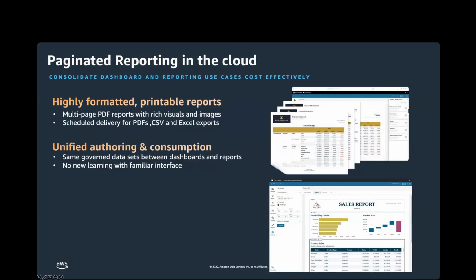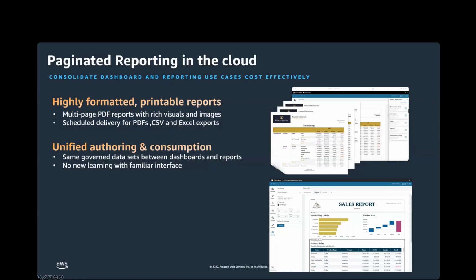Paginated reports in the cloud enables you to deliver highly formatted reports to your users' inboxes. Reports can be scheduled for delivery as PDFs, Excel, or CSV reports. It can help deprecate legacy reporting systems.